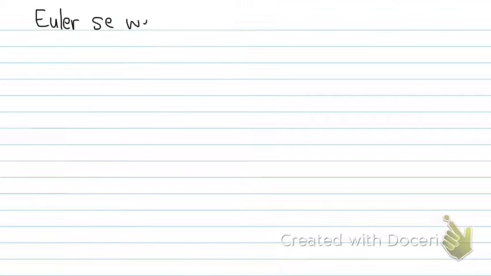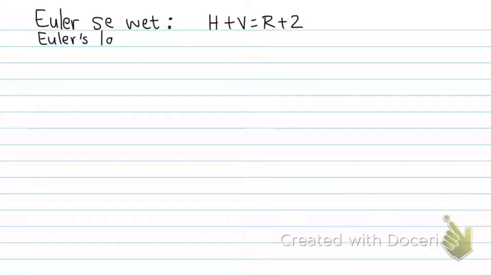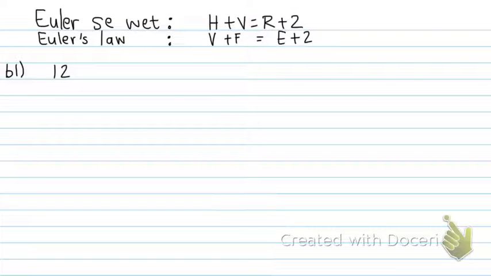Now they ask us to determine, with Euler's law, if things are polyhedrons or not. Okay, so let's look at that. Euler's law is vertices plus faces is equal to edges plus 2.